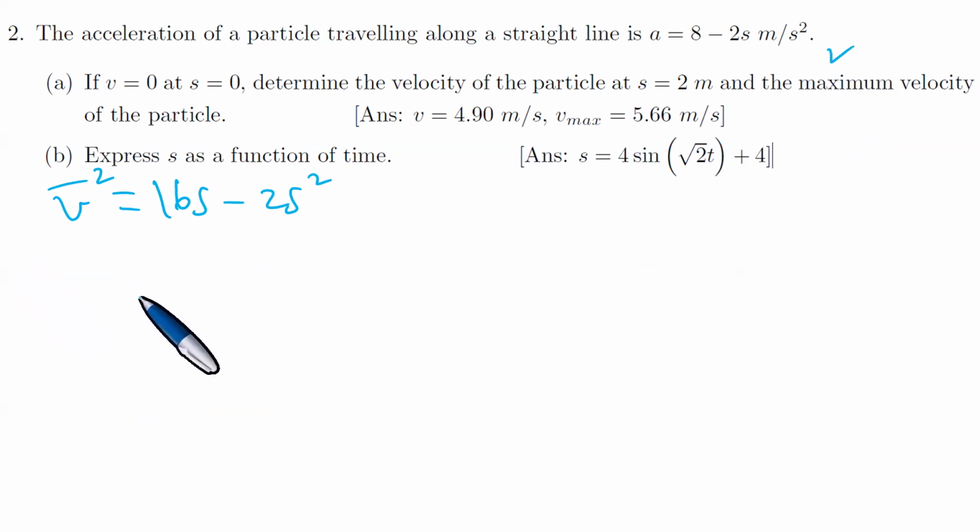At the maximum velocity of a particle, if you know that the acceleration itself is 8 minus twice s. Remember that the acceleration of a particle traveling along a straight line is this one here.